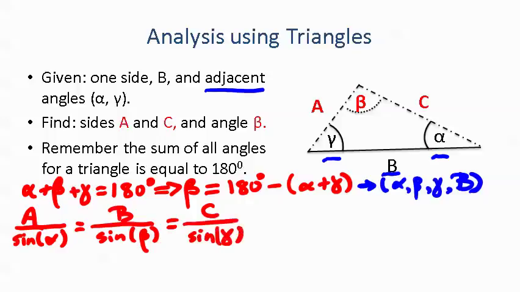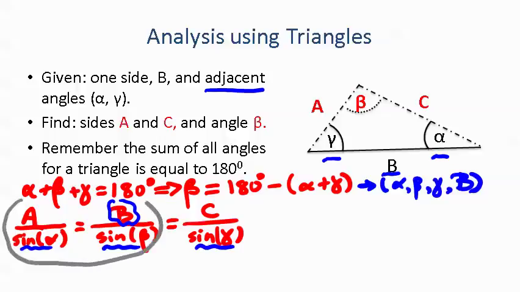So in this expression, we know the denominators, because we know all the angles, and we also know the numerator of one of the fractions, side B. So what we will do, we will analyze this by using first the left two fractions and solve for side A. Let us do that.